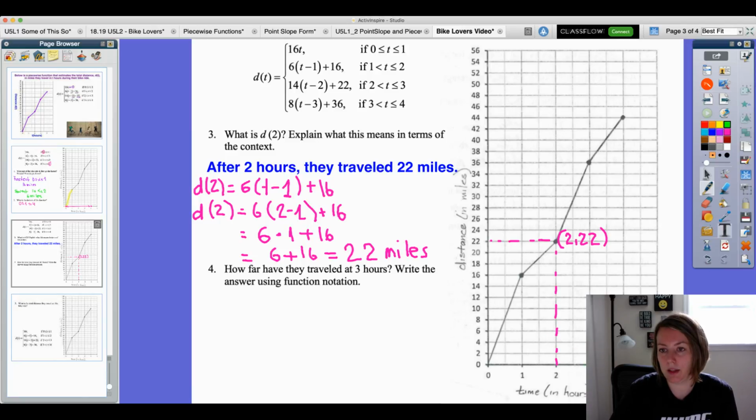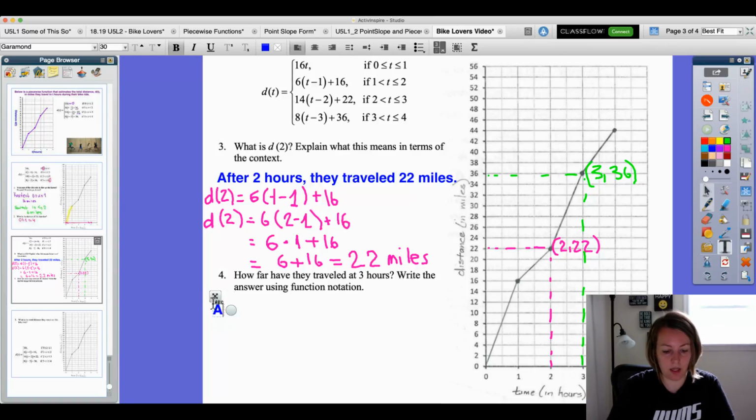So we're looking at 3 hours here, and if we go up to 3, my 3 would correspond to 36. So this would be 3 and 36. So they traveled 36.